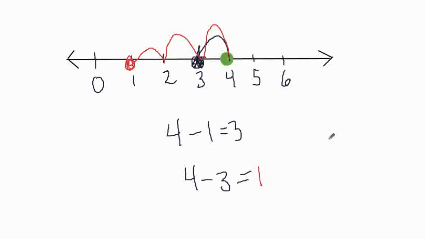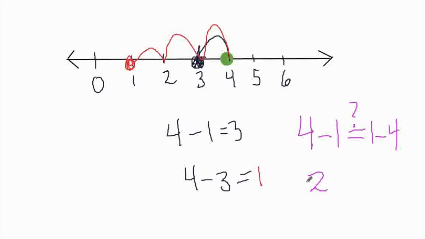Now, here's an interesting question for you. Is subtraction commutative? Remember when we talked about the commutative property of addition? To answer that question, think about this. Does 4 minus 1 equal 1 minus 4?